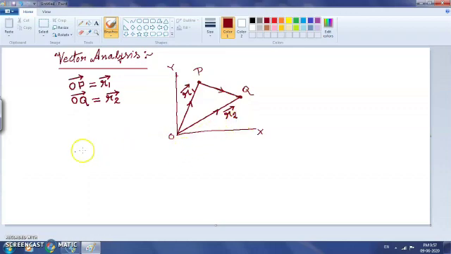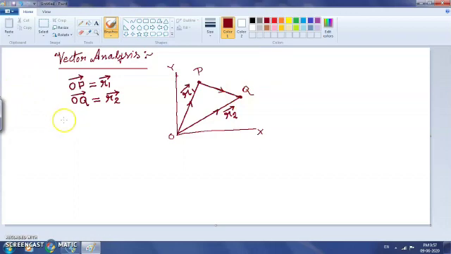Previously we said that this point P has been displaced to the point Q. The displacement has occurred, and the initial position was P and the final position after t seconds is Q. So the displacement vector will be PQ. Clear?